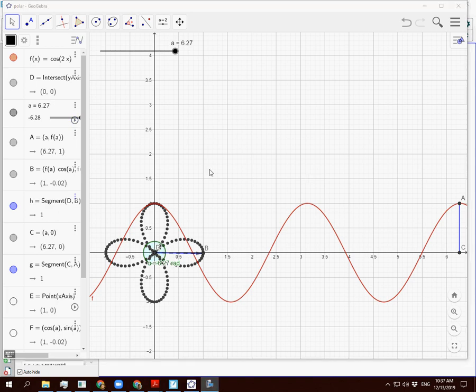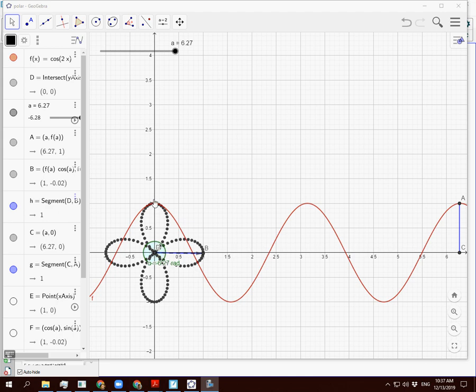Now, as far as symmetry tests are concerned, I assume you would agree that this graph satisfies all three symmetries. It's symmetric with respect to the polar axis, because these points up here reflect across the polar axis to these points down here.